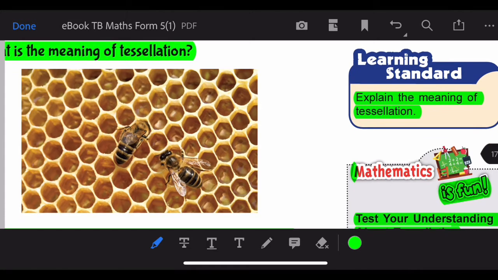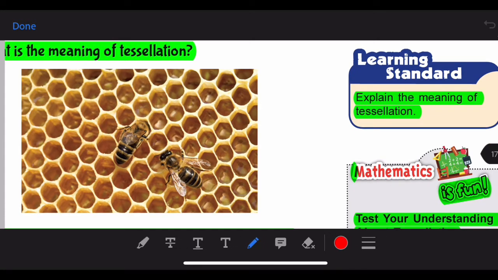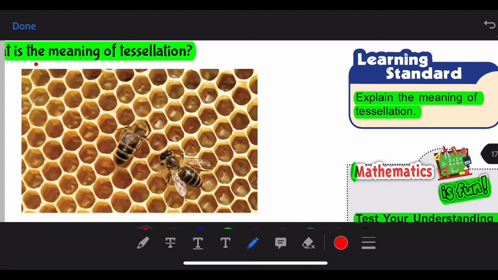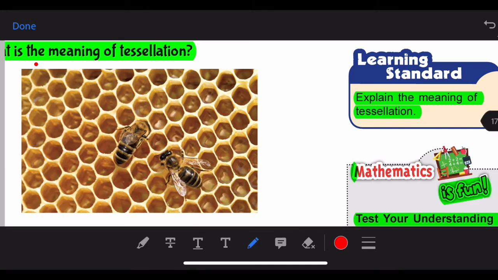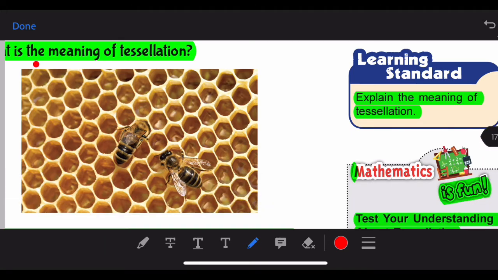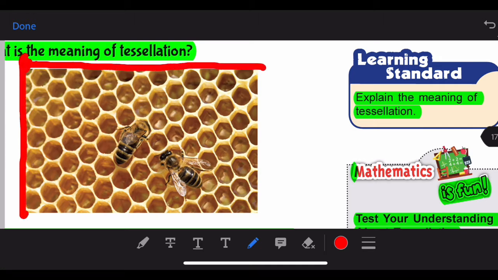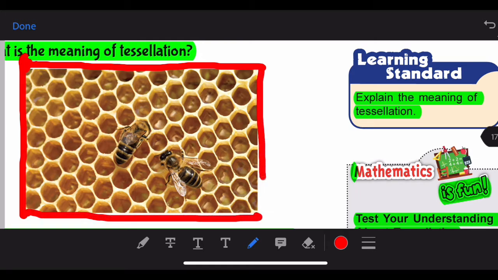So let's have a look at this picture. It looks very nice, right? And very organized. As you can see in this picture, the pattern is in order, systematic, right? And then you can see there are two bees, right?